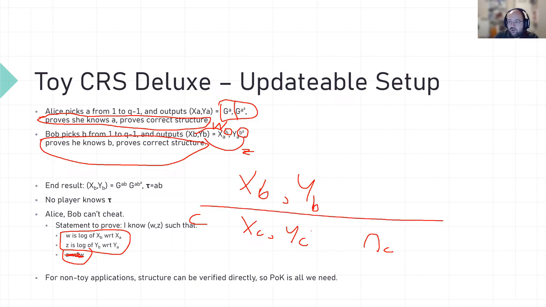So she can produce an update without needing to coordinate or cooperate with the previous CRS builders. This is a very valuable property because it cuts down on the amount of setup, and it means that the CRS can be improved and made even more secure, even if some of the original parties have dropped out.